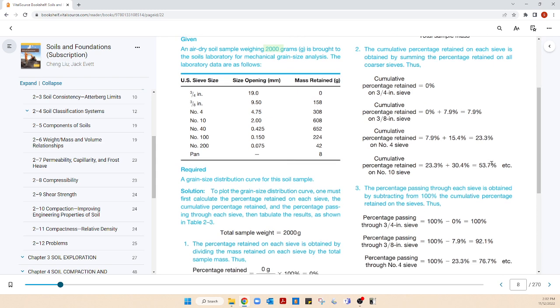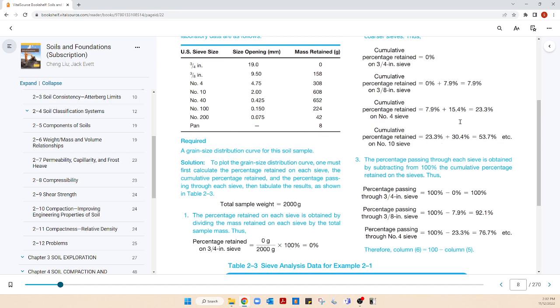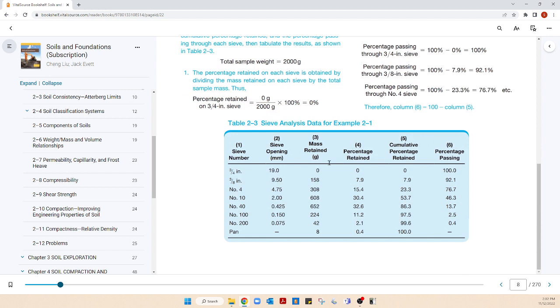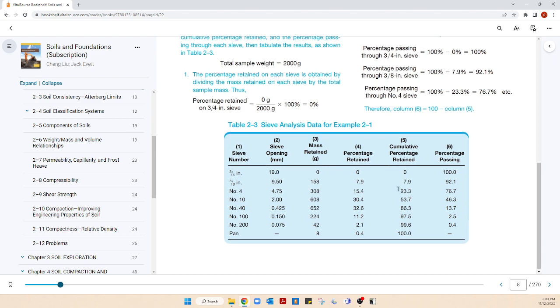And we continue to do that. One more it gives you is on the number 10 sieve. According to their calculations, the percent retained was 30.4, so we add that to the 23.3 in the cumulative column and get 53.7.